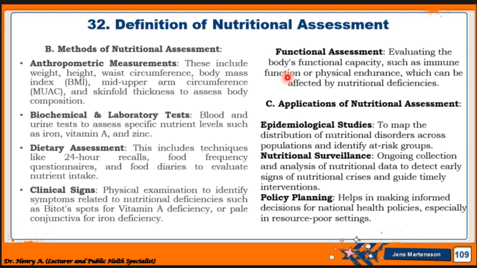The next one is functional assessment, evaluating the body's functional capacities such as immune function or physical endurance, which can be affected by nutritional deficiencies.